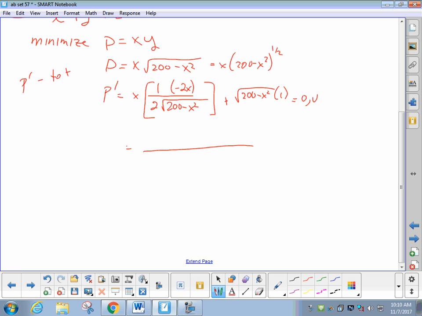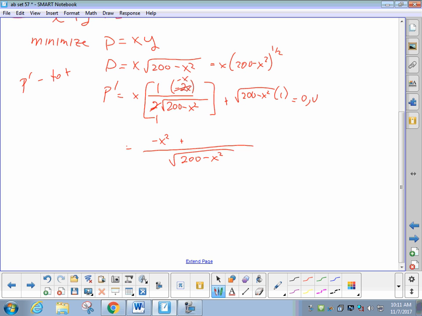I'll get a common denominator. The common denominator, did you divide out that 2 or leave the 2? I'll divide it out. Okay, so then the common denominator is root 200 minus x squared. And this would be negative x squared.